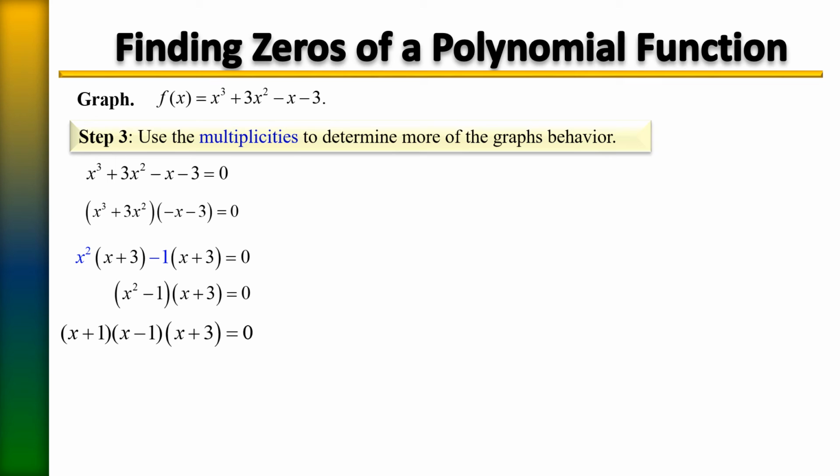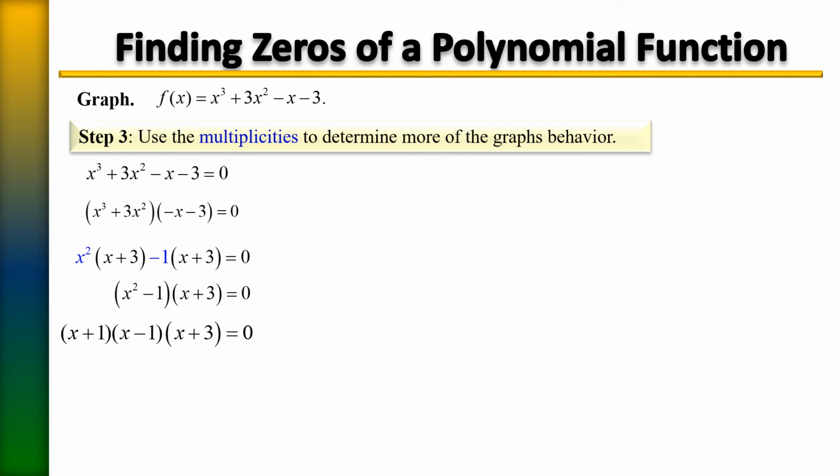So when we add all our multiplicities together, that gives us a degree of 3, and that's right in line with the given polynomial. Out of all the degrees, the highest degree is 3. What do we know about multiplicities of odd numbers? This one has a 1 for each one of these, and 1 is an odd number.